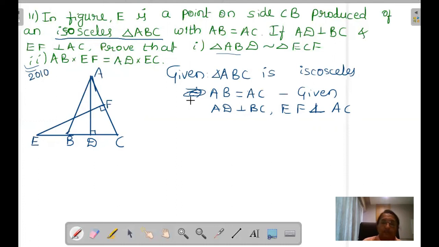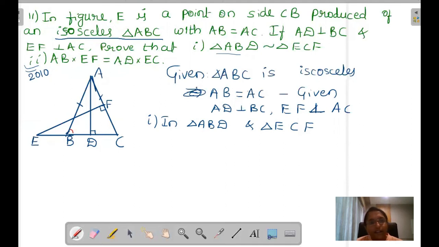Right. So first, in triangle ABD and triangle ECF. First, let me tell you, AB is equal to AC is given. Then definitely, you know this theorem: angles opposite to equal sides are equal. So this angle is equal to this angle.